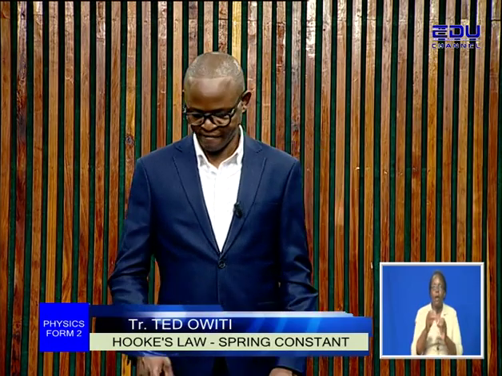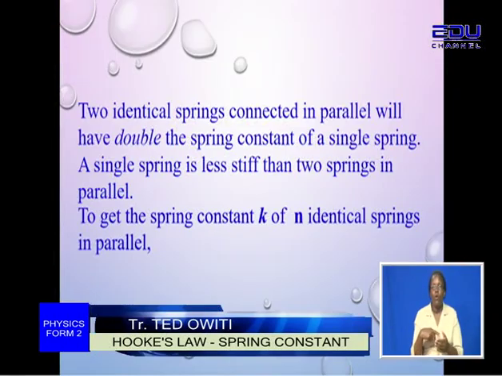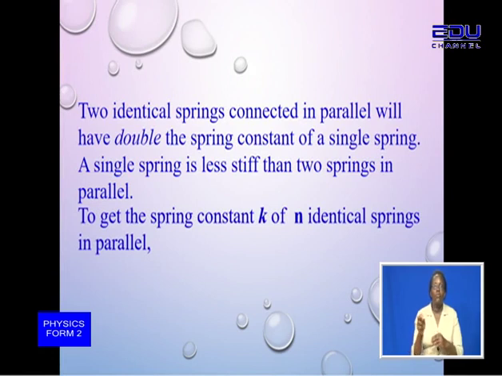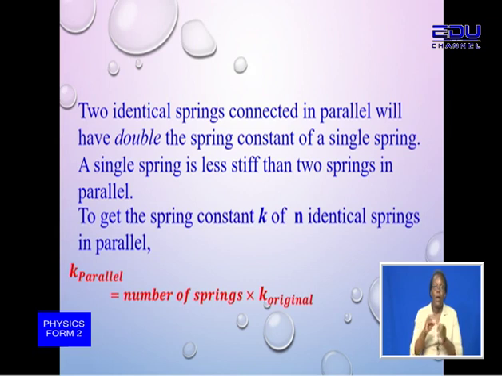We will multiply the original spring constant with the number of springs that we have. And that is exactly what we are going to do. So to get the spring constant k of n identical springs in parallel, you take the number of springs and you multiply by the original value or the original force constant. So basically, that is what we have for our spring constant.